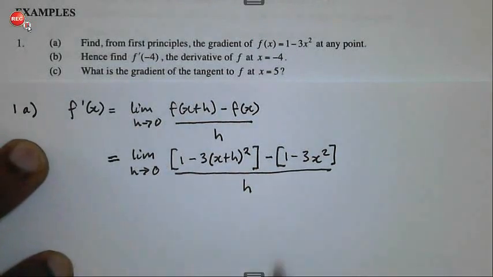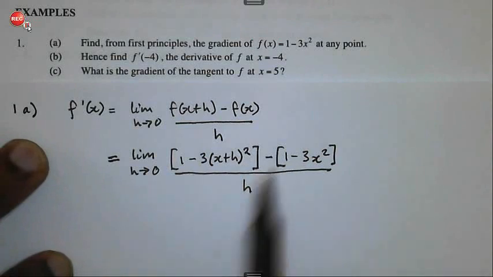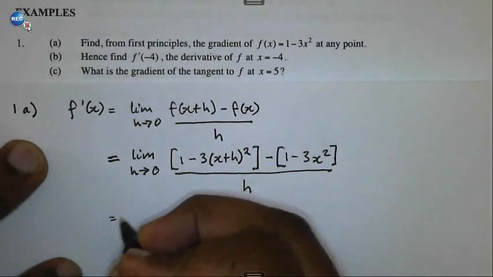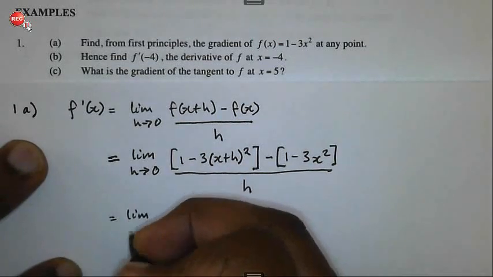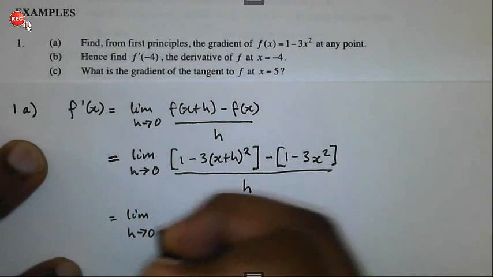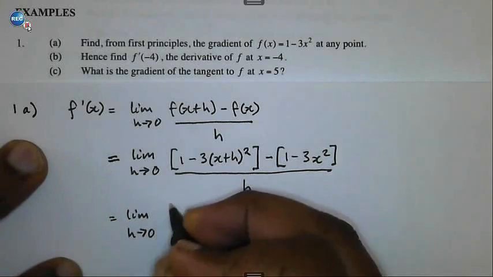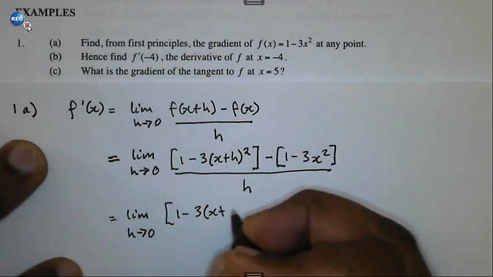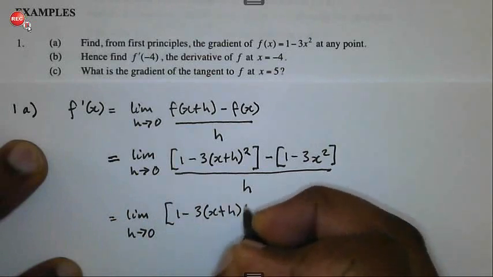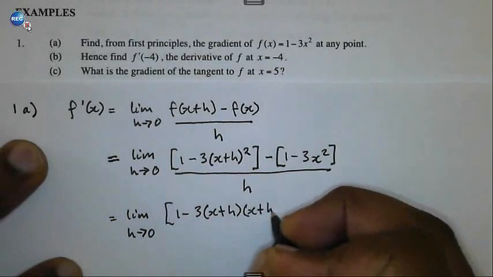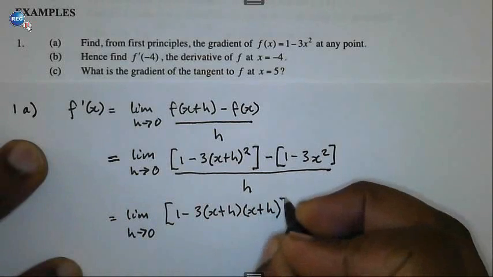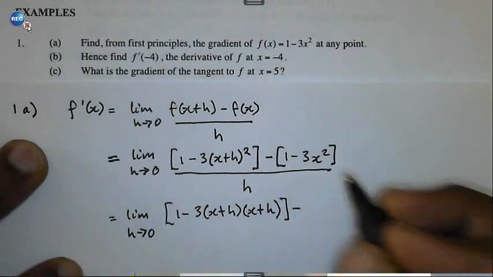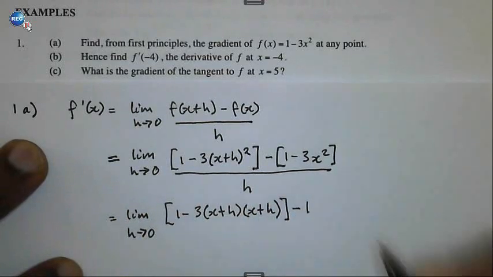Now obviously we have to simplify this top part, so we're going to do that. This is the limit as h approaches 0 of 1 minus 3 times x plus h squared, which is the same as saying x plus h times x plus h, minus, let's remove the brackets there already. You can remove them now or in the next step, it doesn't matter.